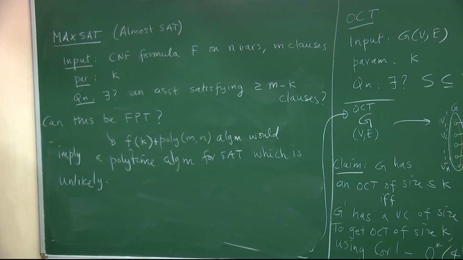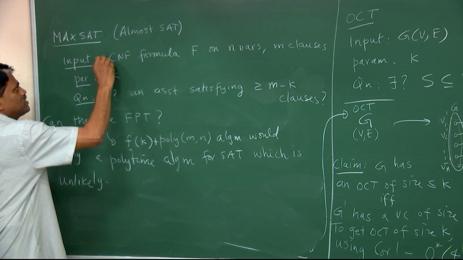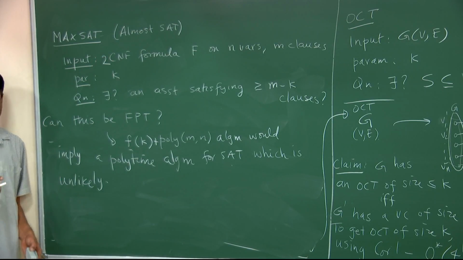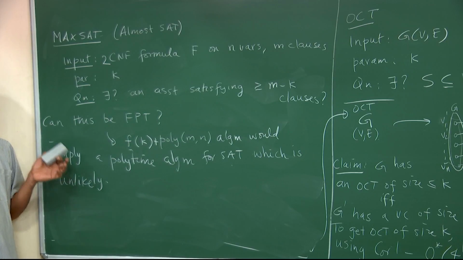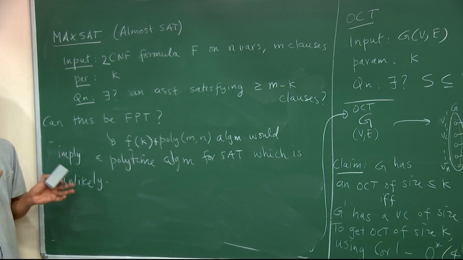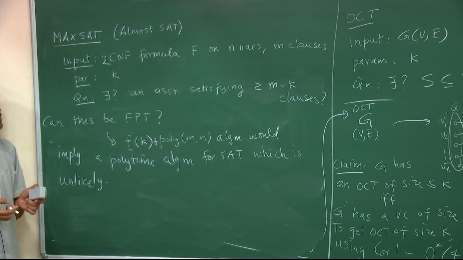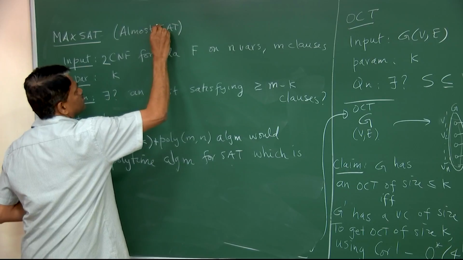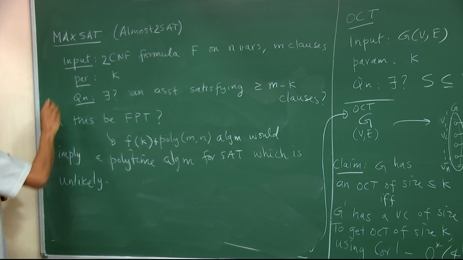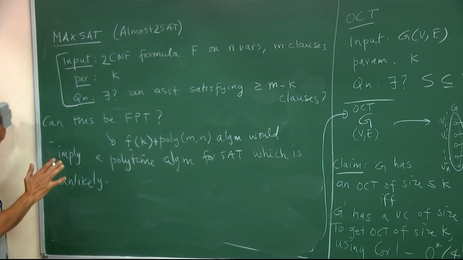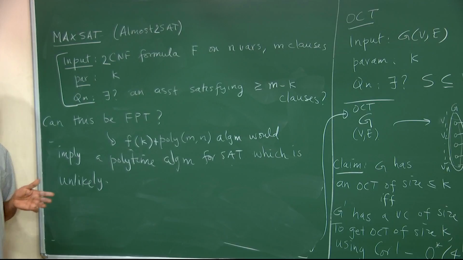But the question still makes sense if I say it's a 2CNF formula, right? Because we know that 2 CNF SAT is polytime solvable anyway. So there is no contradiction yet. Let me call this almost 2 SAT, and now let us ask this question. Then at least this argument does not hold, because if you have a 2 CNF formula, you can test in polynomial time whether it is satisfiable or not.